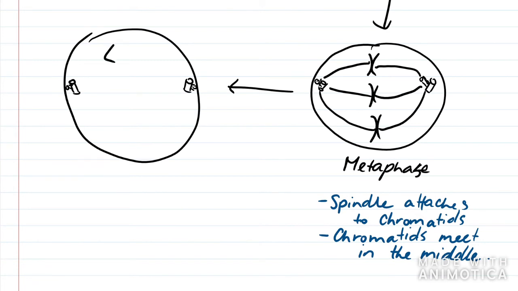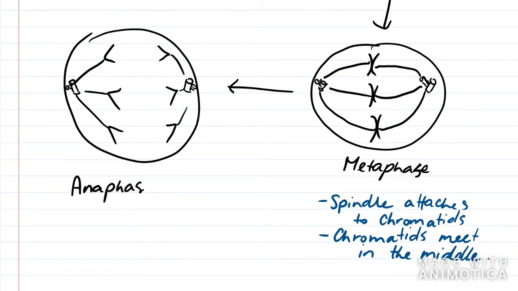And I kind of think of these as birds, really kid drawings of birds, because they're being yanked really hard from the middle to the ends. Remember, this is when we can refer to them as chromosomes again.